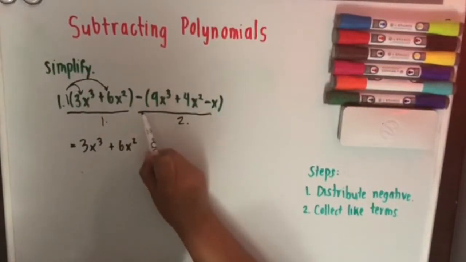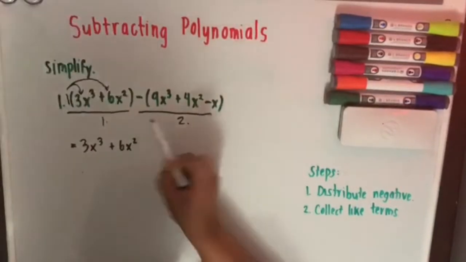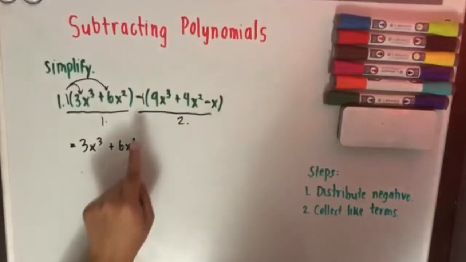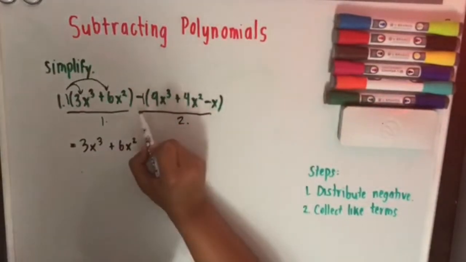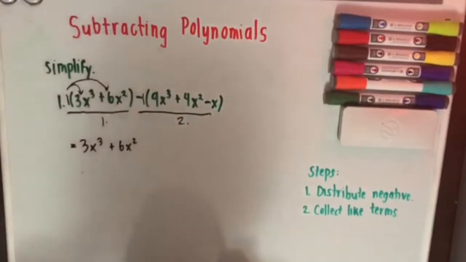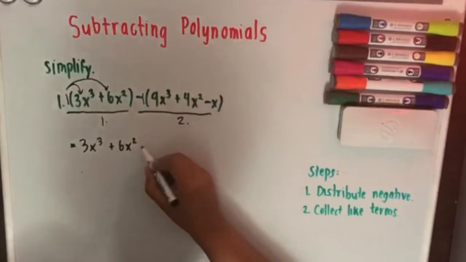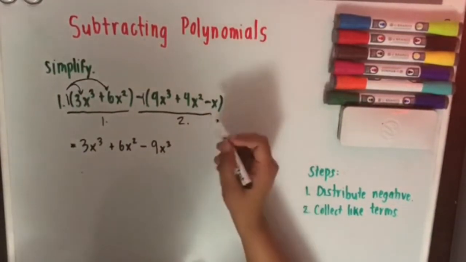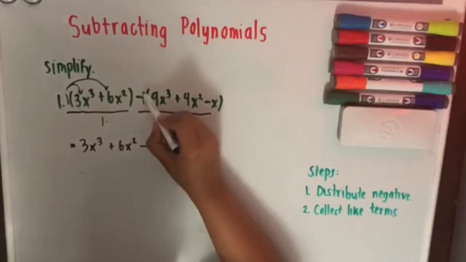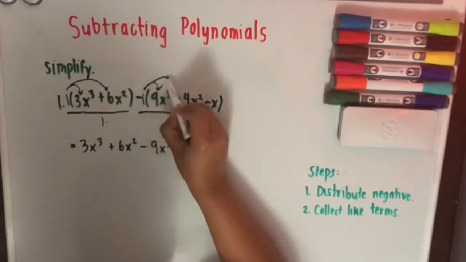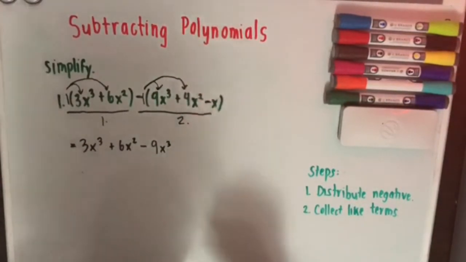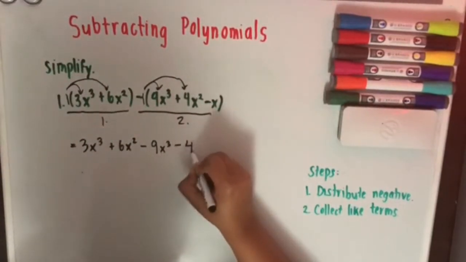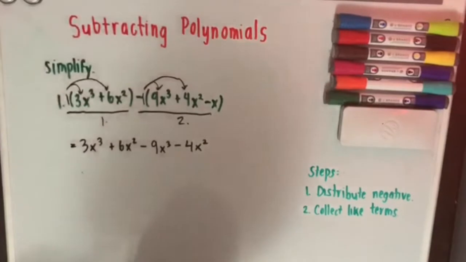So we will be distributing the negative here. So we have our invisible 1. So negative 1 times 9x cubed, negative 9x cubed. Negative 1 times 4x squared, negative 4x squared.